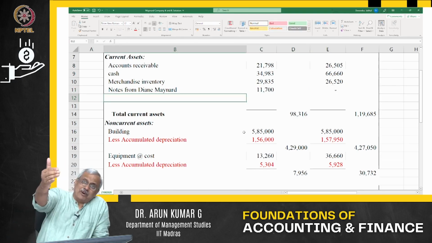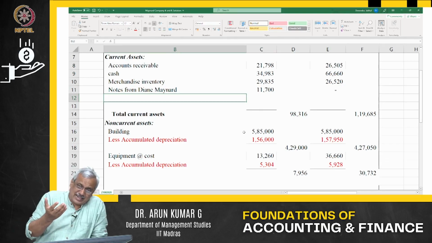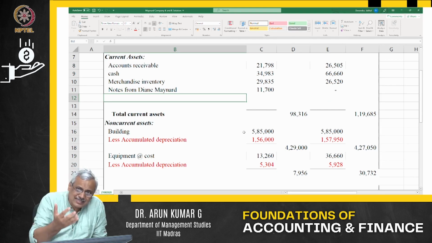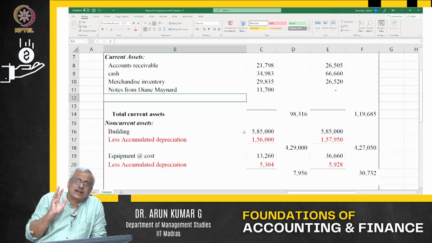Notes receivable, the company has to receive the money, so it is an asset. It is an asset for you, that is it.